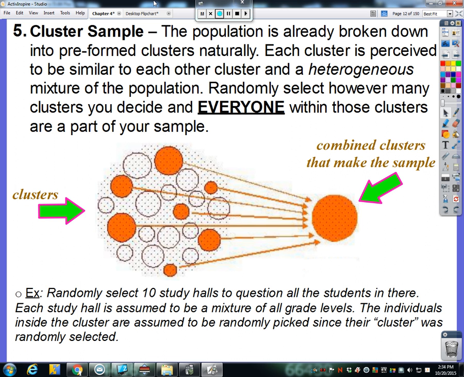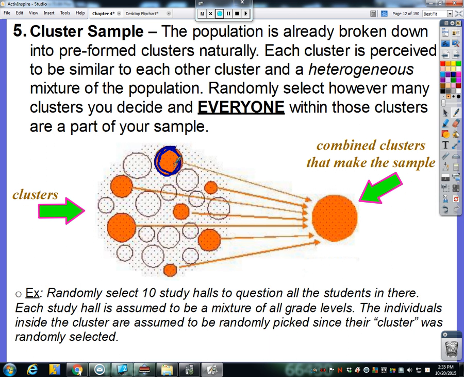Each cluster is perceived to be similar to other clusters, not exactly the same, so there's kind of a heterogeneous mixture already within each cluster. We're going to randomly select however many clusters we need for our sample, and everyone in that cluster will be a part of our sample. So in my picture here, let's say this cluster of people got selected.